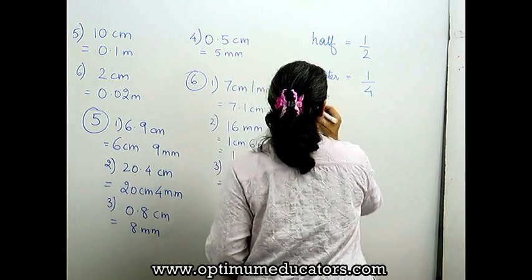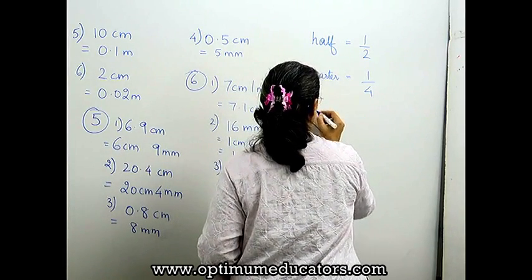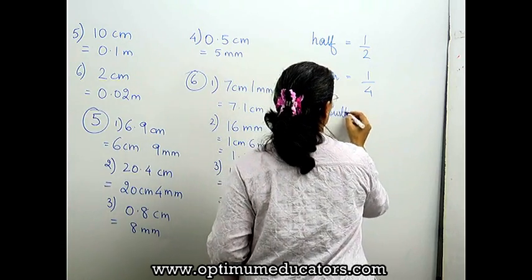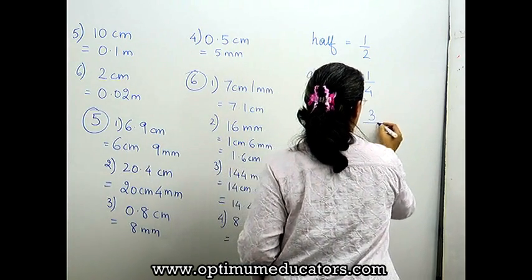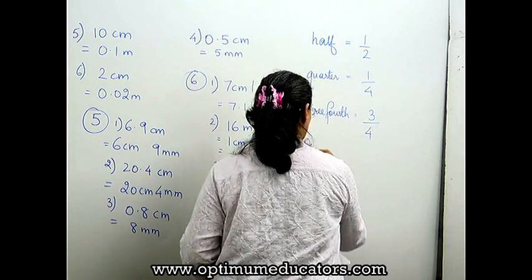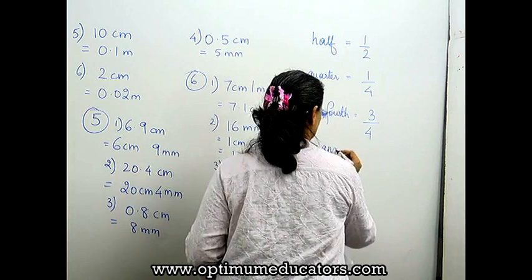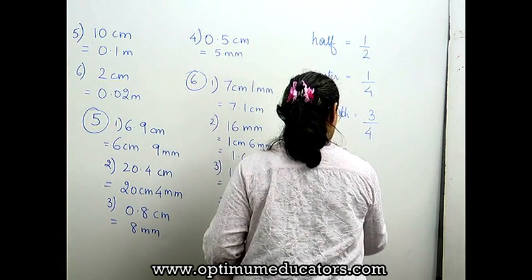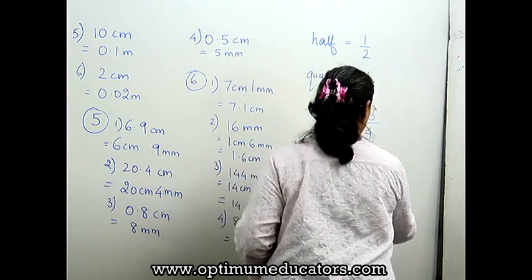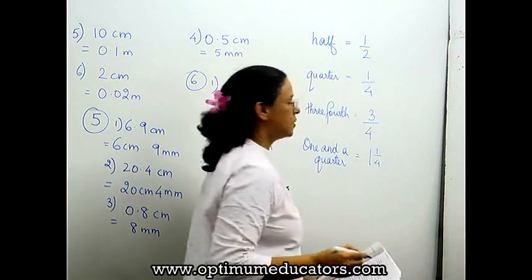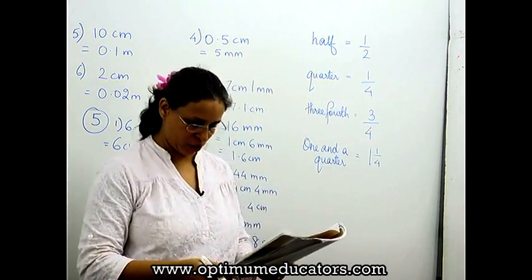How do we write 3/4? We write it as 3/4. And 1 1/4, we write it as 1 and 1/4. Okay. This is how we normally write it in fraction.